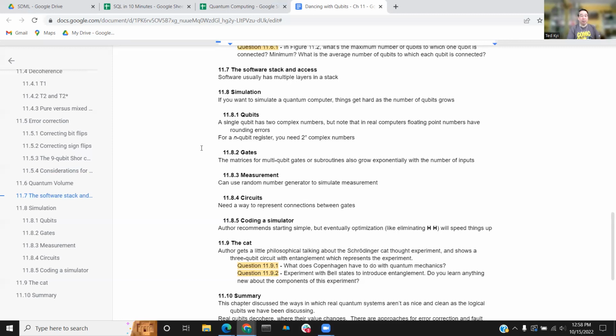Maybe another way to think about this is if you had a general subroutine, so you say, here's my circuit that can do blah de blah, like we saw the quantum Fourier transform, the QFT.